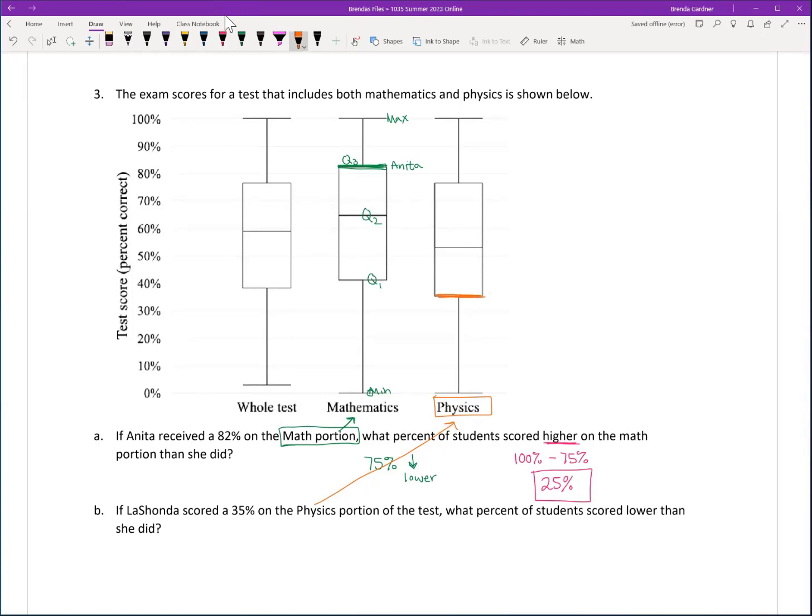Okay, so that would be Q1, or 35% for physics. So let's look at what percent of students scored lower than that. So we want to know what percent are down here. And because it's Q1, it would be 25%.